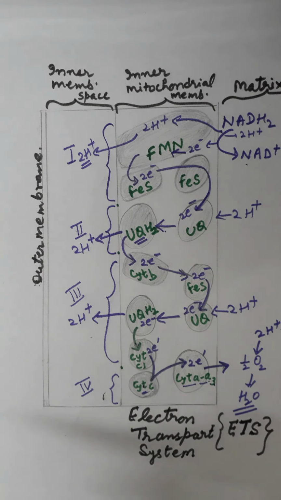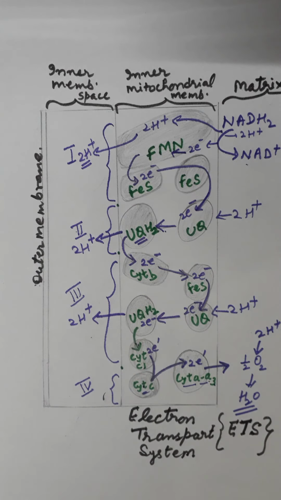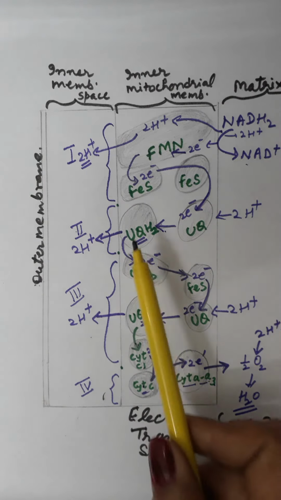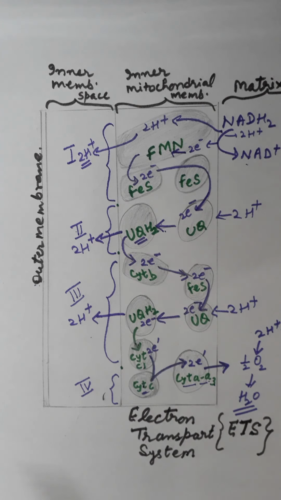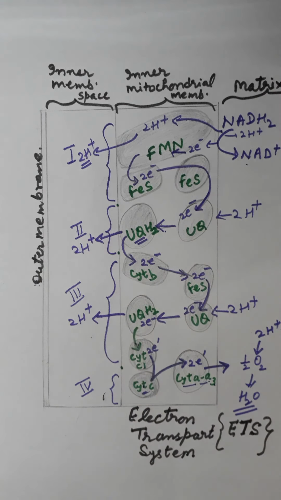when FADH2 breaks down, it passes its electrons to ubiquinone, not to FMN. And when it passes electrons to ubiquinone, it releases energy in transferring electrons from ubiquinone to cytochrome B. 2 protons pass from the matrix to the inner membrane space.